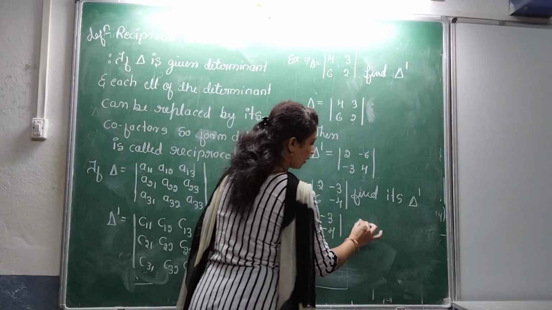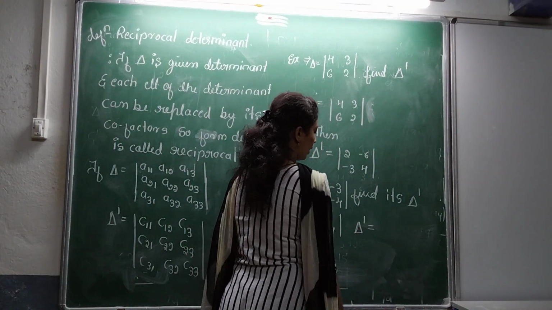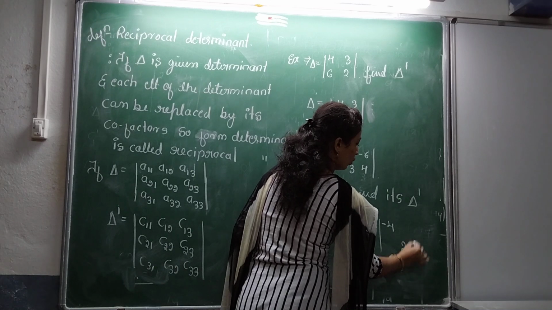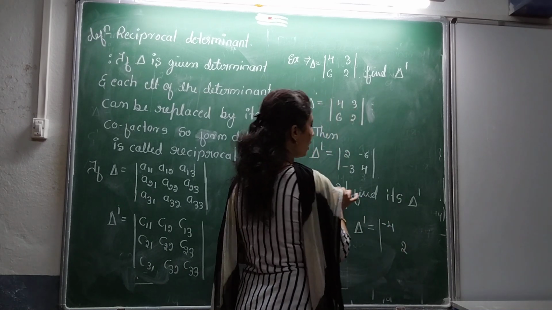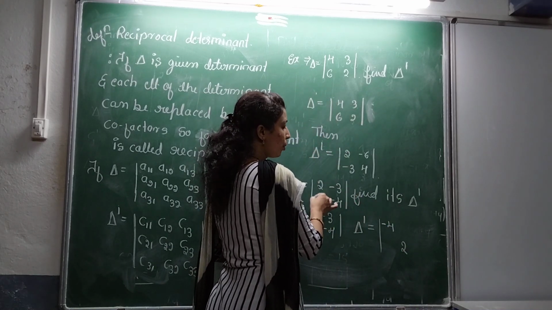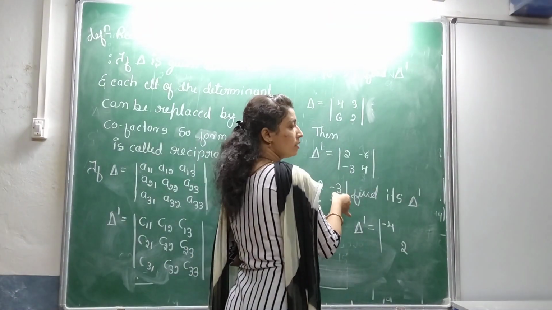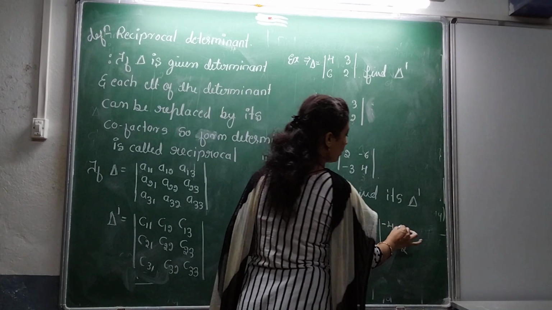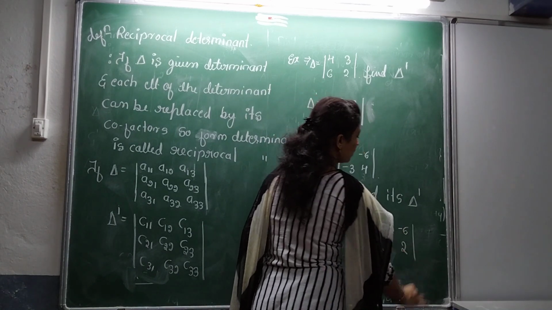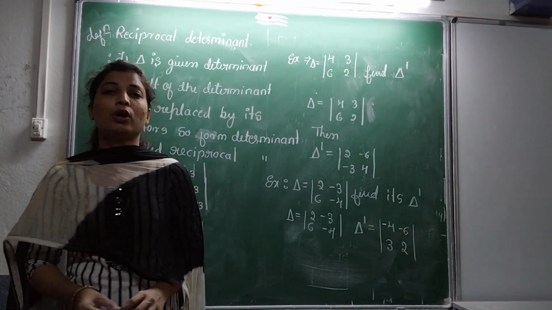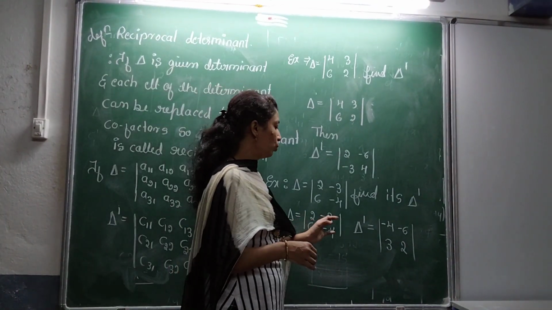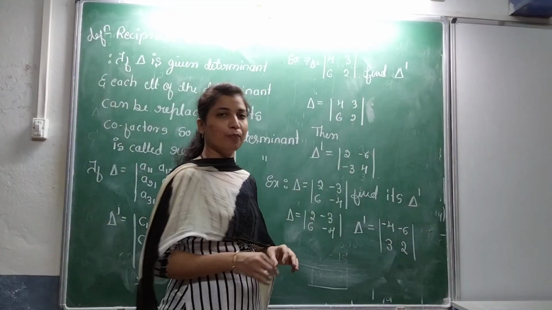Delta dash is minus 4, 2, and these are exchanged with the proper sign. So minus 3 becomes plus 3 and plus 6 becomes minus 6. This is the reciprocal determinant of the given determinant.